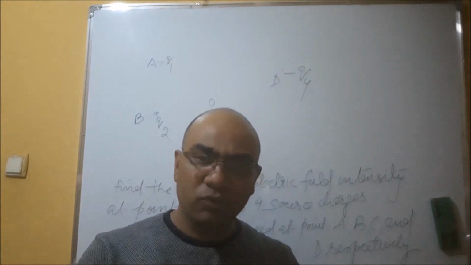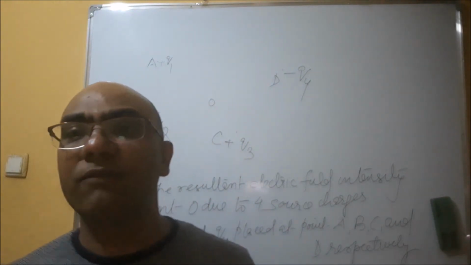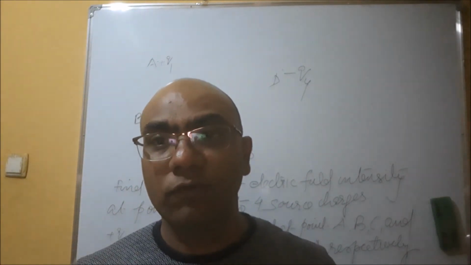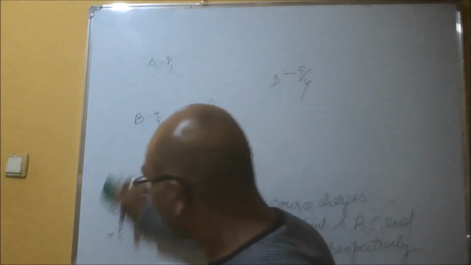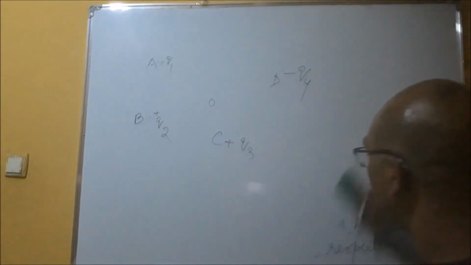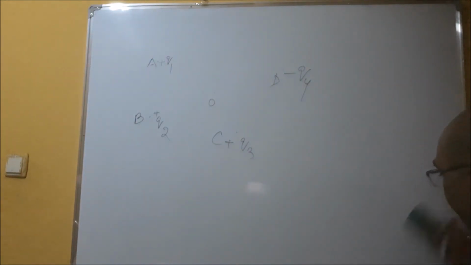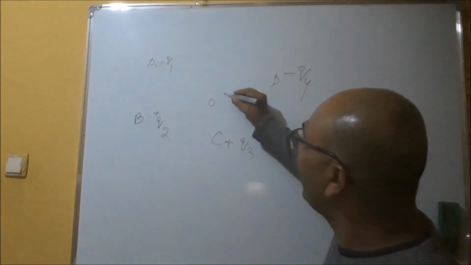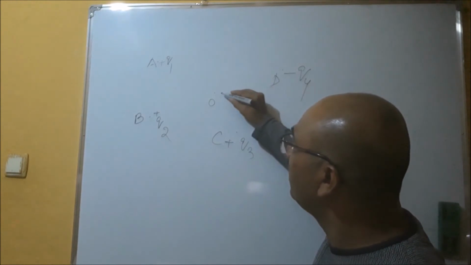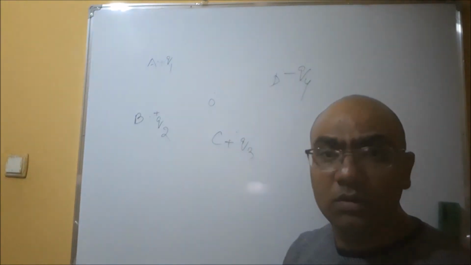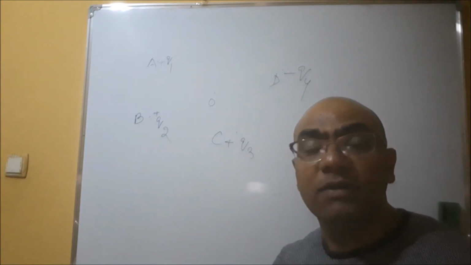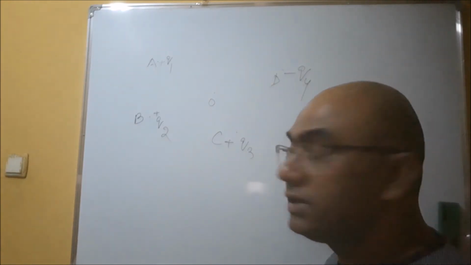The same procedure that we followed for getting the force will work over here also. So how can we find it? Suppose I'm at this point O, and we have to find the value of the electric field intensity.